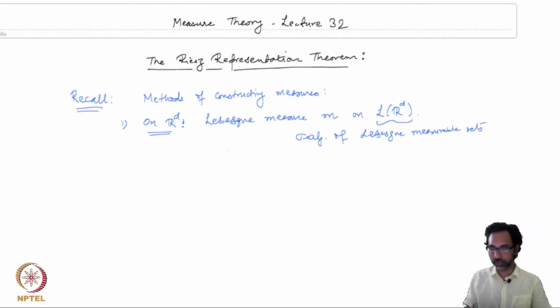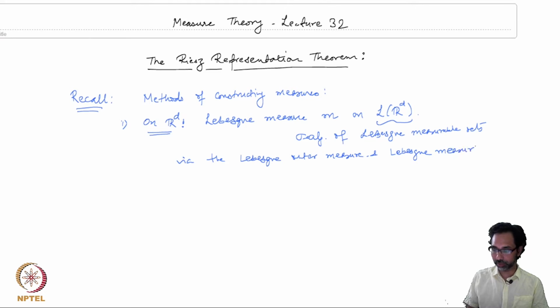This construction was via the Lebesgue outer measure, and we defined a concept of Lebesgue measurability with respect to this Lebesgue outer measure.